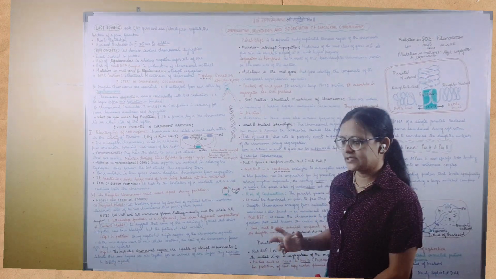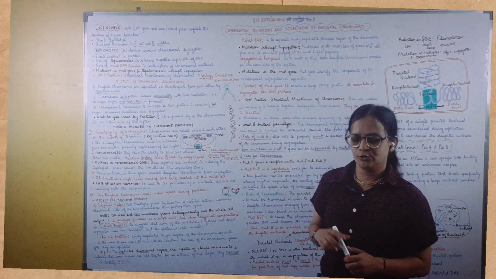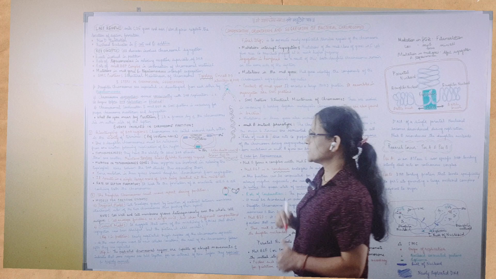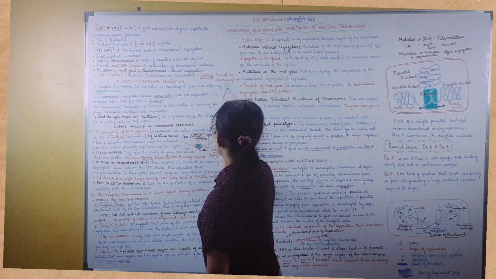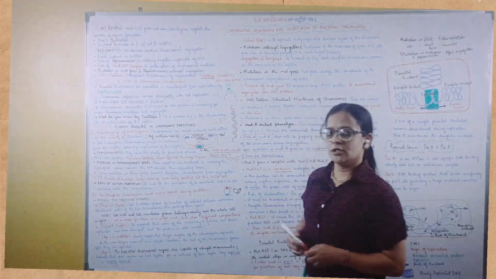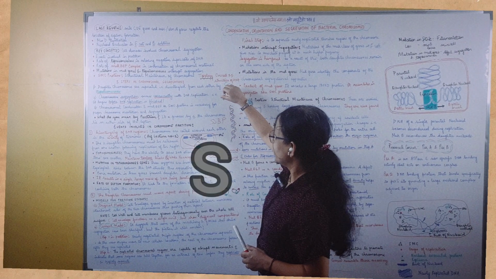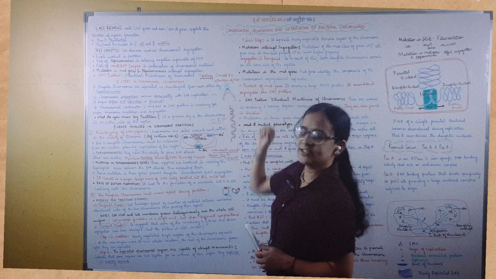In case of eukaryotic DNA replication, you have proteins called SSBP, that is single stranded binding proteins. Now what are these? SSBPs are proteins which will get bound to the separated strands.